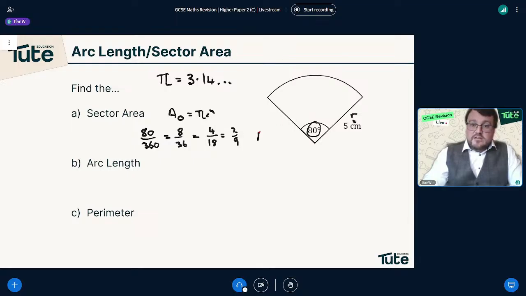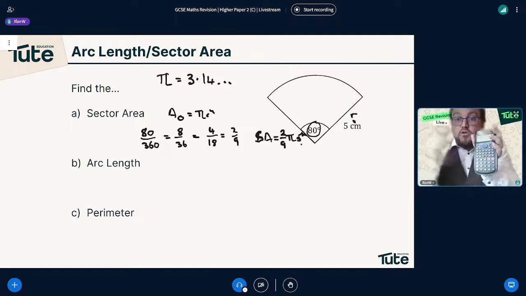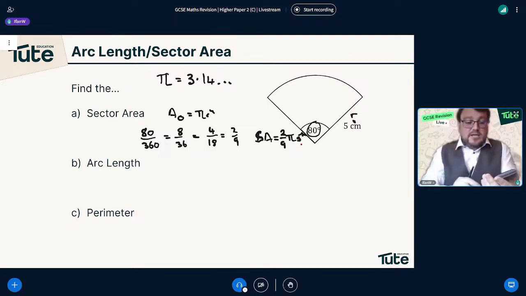So the sector area, I'm going to put SA here, is 2/9 of pi 5 squared. On your calculator, it's very, very important for you to know which button is which, because you've got a fraction and pi here.